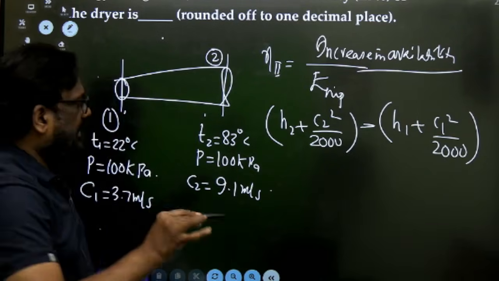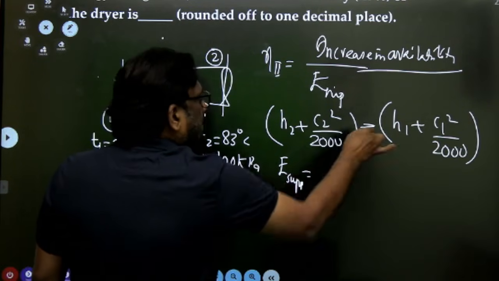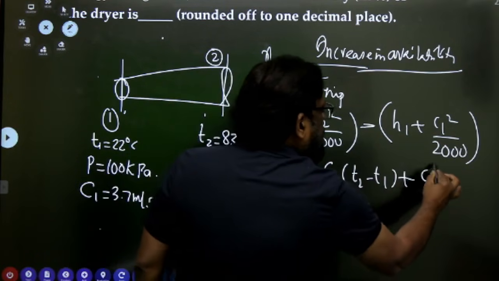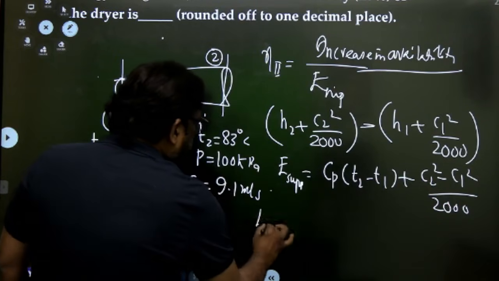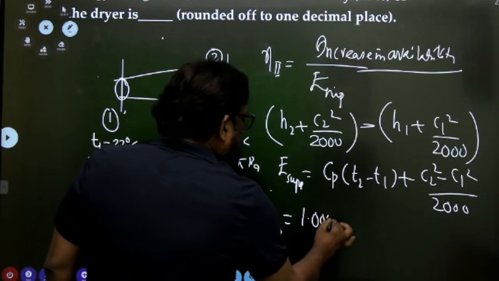So what is the energy supplied? The energy supplied will be equal to H2 minus H1, meaning Cp into T2 minus T1, plus C2 square minus C1 square by 2000. Absolutely fine. So the energy supplied will be equal to Cp is 1.005.